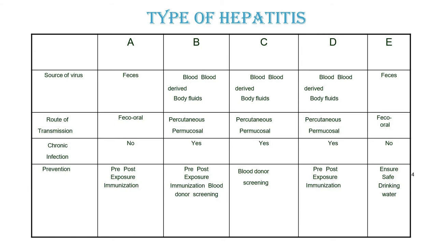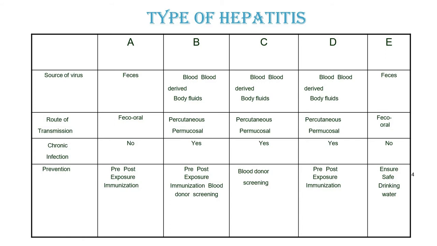Same is the route of transmission for hepatitis C and D virus, and for E, the route of transmission is again the same as that of hepatitis A virus. That is feco-oral, the virus is present in the fecal matter and contaminates drinking water or the food.